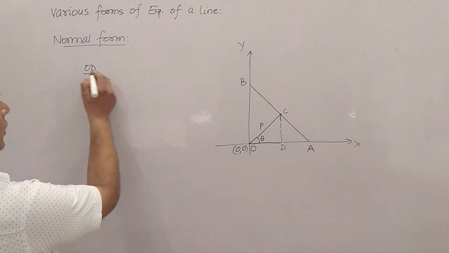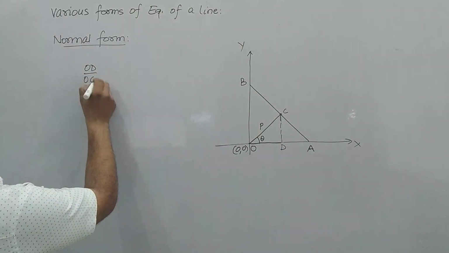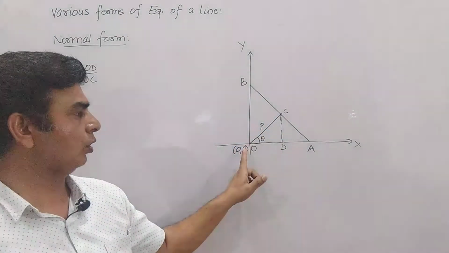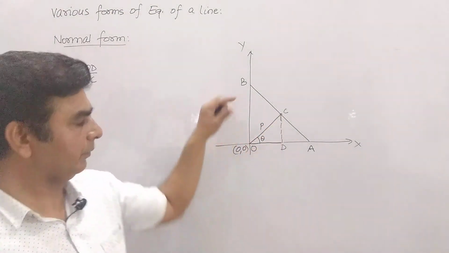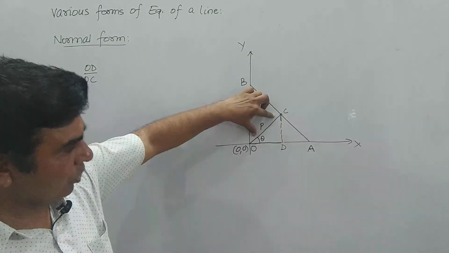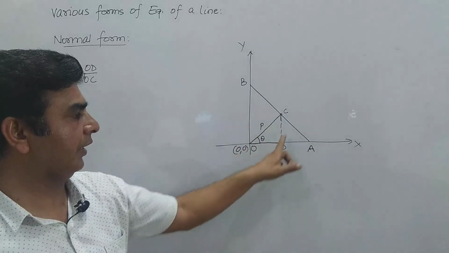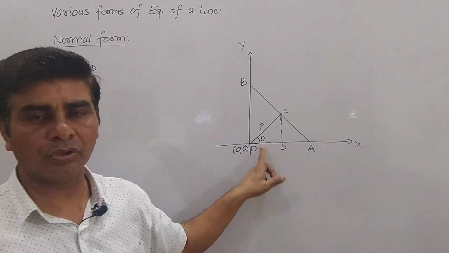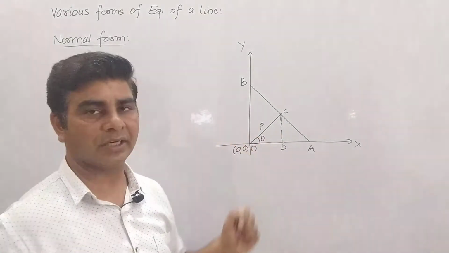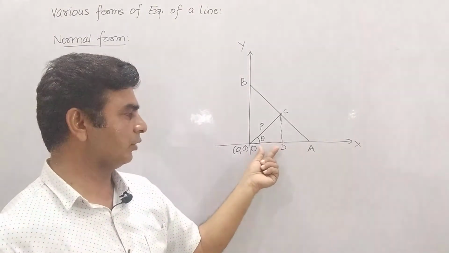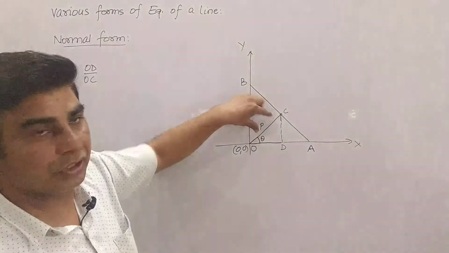We are given this side OC of triangle OCD. In triangle OCD, we know the side OC and an acute angle theta. We can find all the other sides also using trigonometry. So let's first find OD. To find OD, we put the side to be found on top and the given side at the bottom.